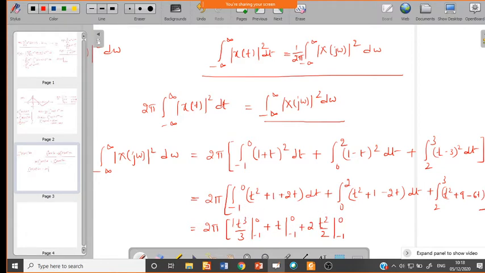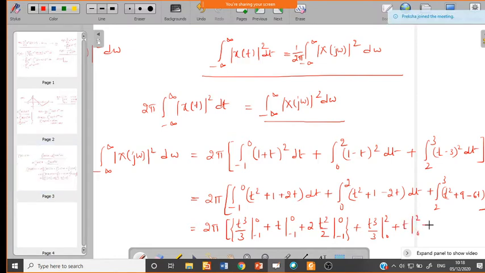Similarly for the second integral, it is again t cube by 3 between 0 to 2, plus t between 0 to 2, minus 2 into t square by 2 between 0 to 2.